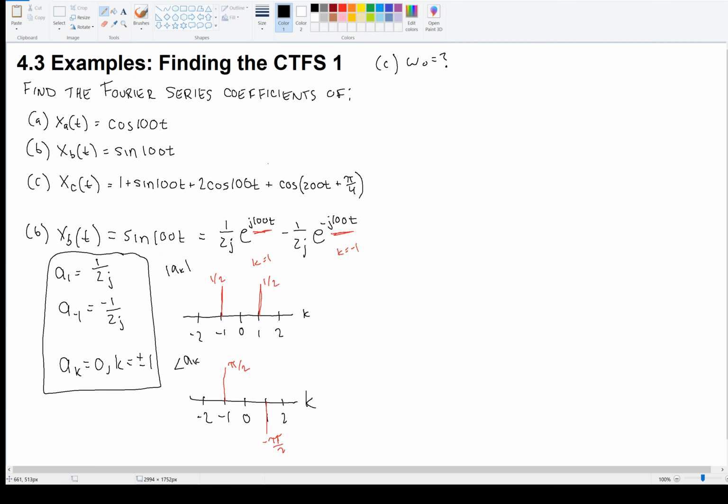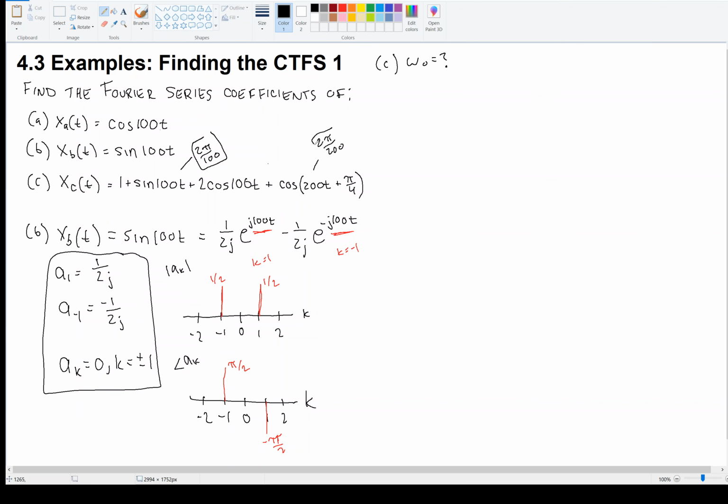So this guy repeats every 2 pi over 100 seconds. This guy repeats every 2 pi over 200. So what's the least common multiple? And that would be this one, right?